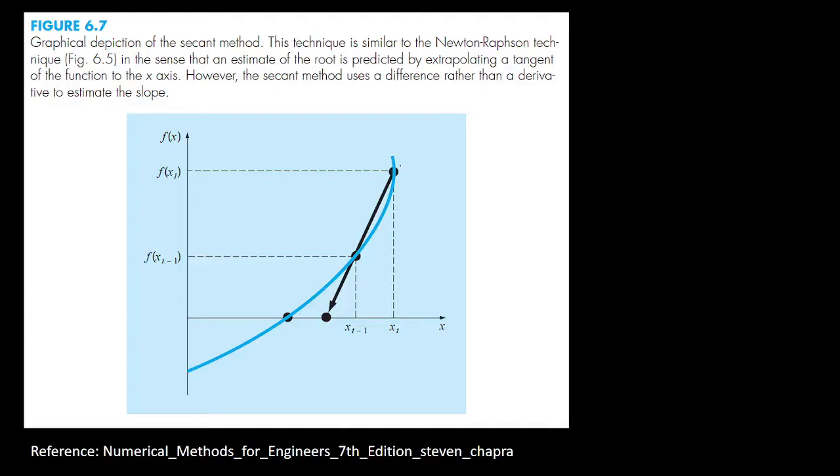So those two points will create one line and create an intersection with the x-axis. So you can determine the point that intersects the x-axis, and that will be your new root. And notice that compared to Newton-Raphson, the secant method is farther, and it is closer to our real root.